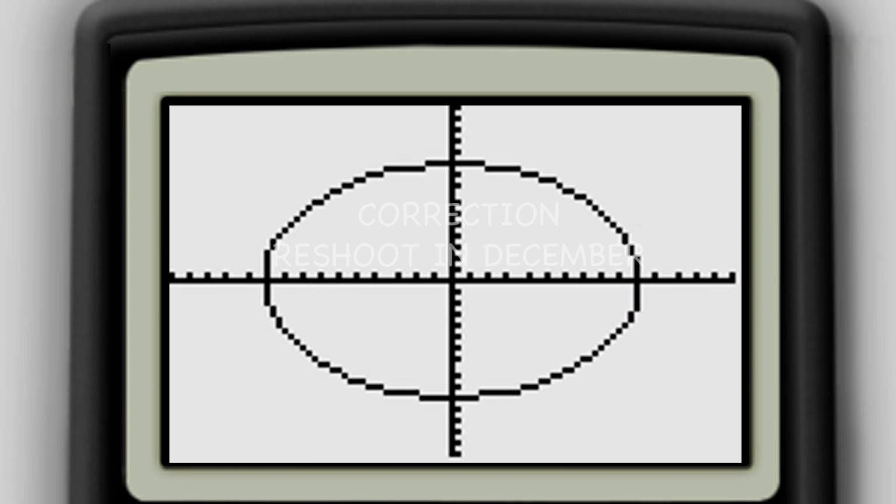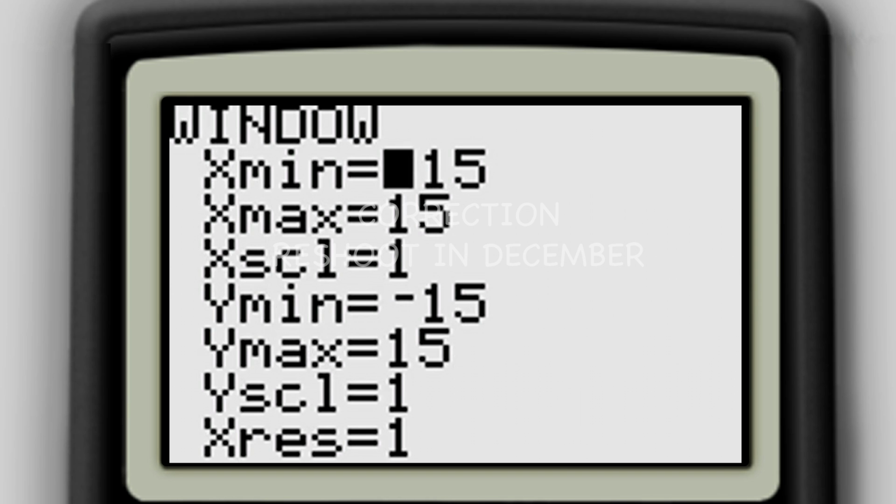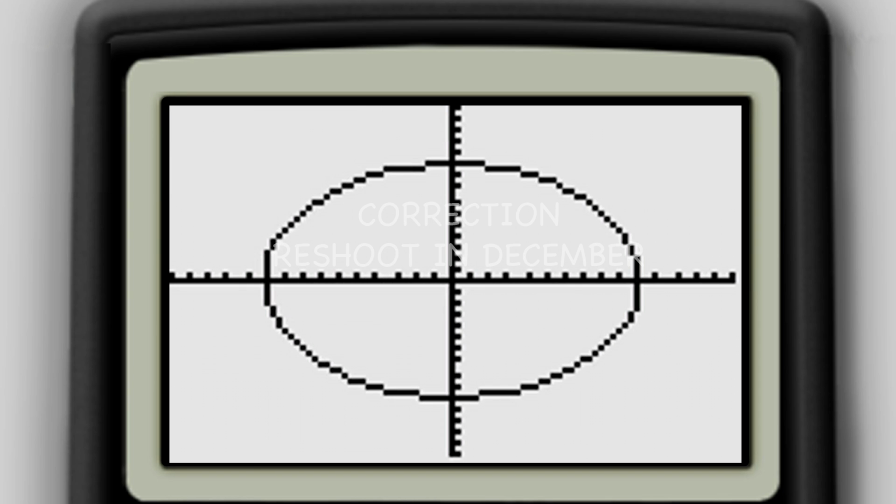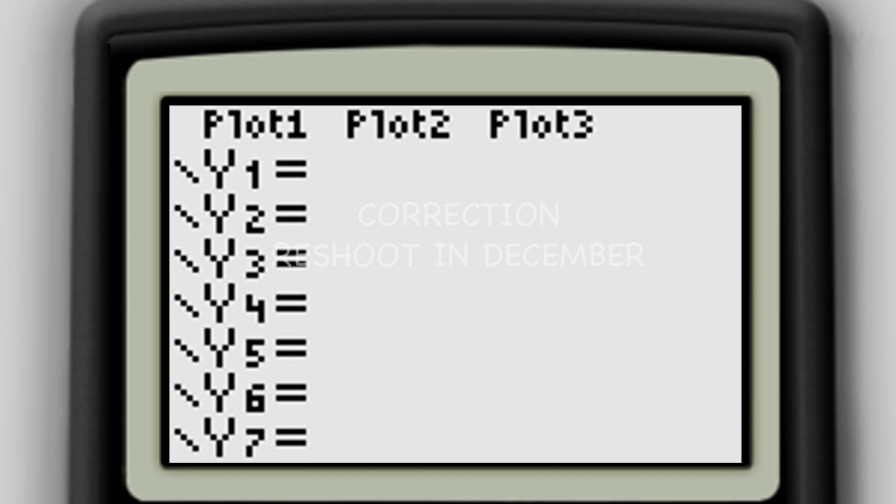Now, it'll be nice to make sure that you have an appropriate window for this. Because our radius is 10, maybe going from -15 to +15 on both the x and the y axis would be a good choice. Once we have our circle, you can go ahead and graph the equations of both of these lines.